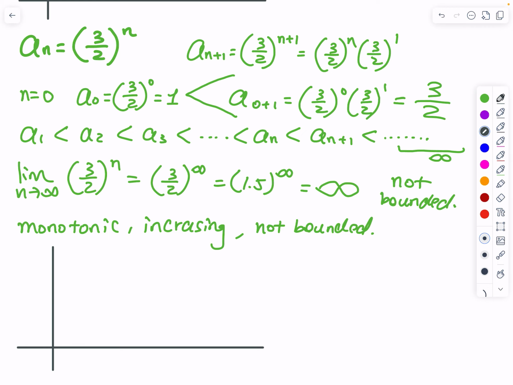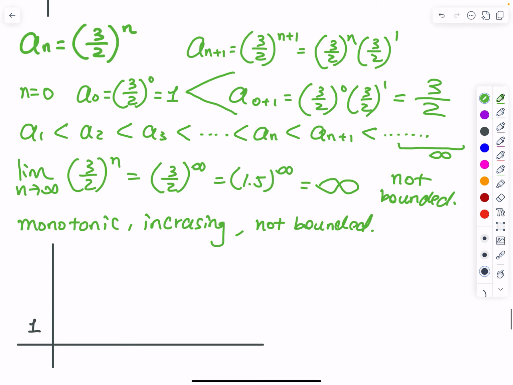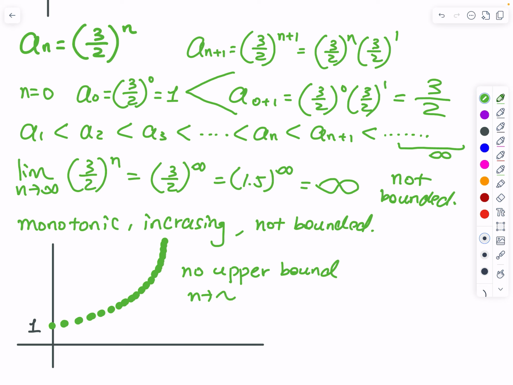When n is equal to 0, that starts at 1. Again, I can use dots like that, 1, and then just keep on going. So this will just increase all the way up, not bounded, no upper bound. As n approaches infinity, AN approaches infinity as well.